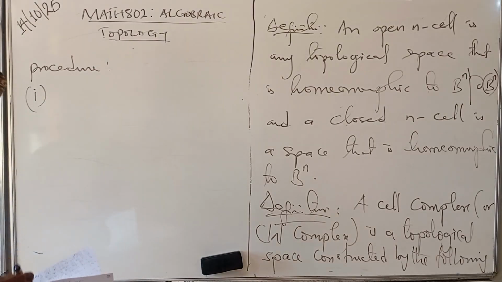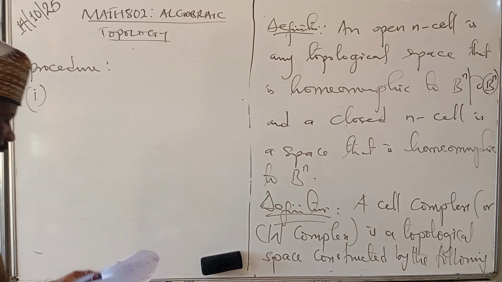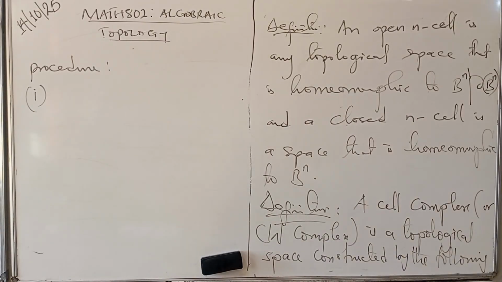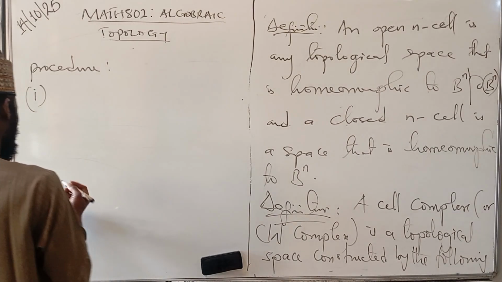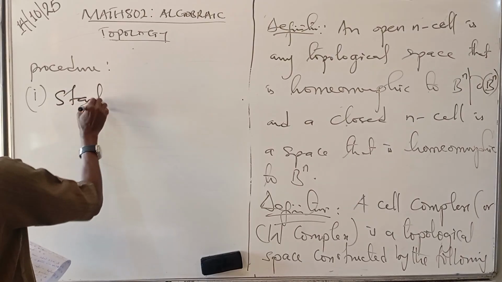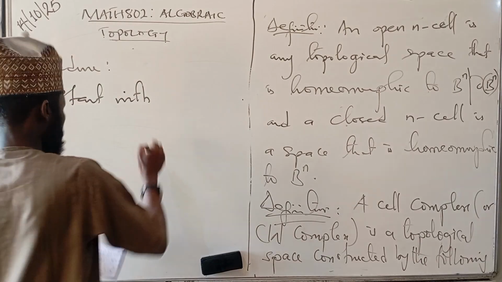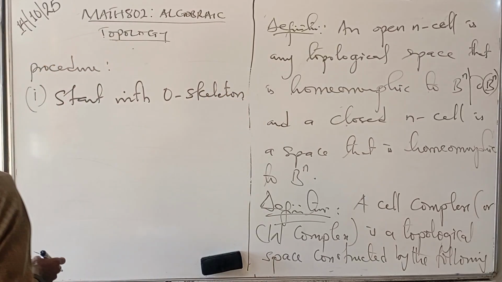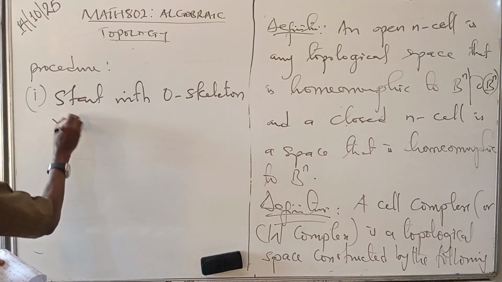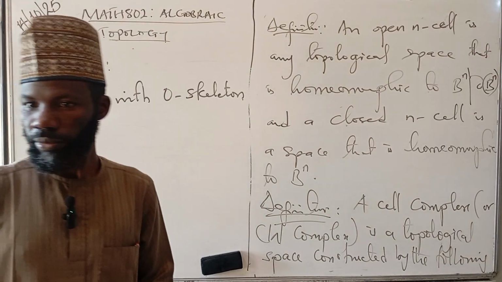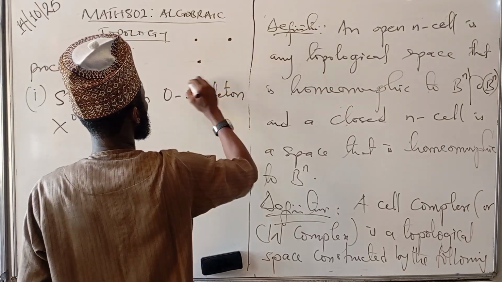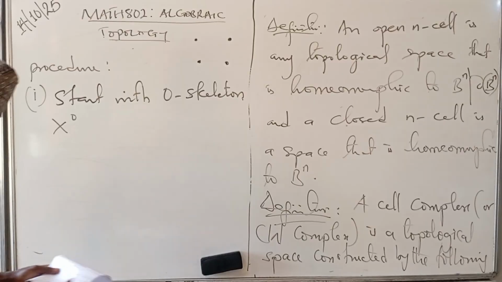The first step in constructing a cell complex is to have what is called the zero skeleton. So you start with the zero skeleton. What is the zero skeleton? X0 means just a discrete set of points. So you just start with the zero skeleton, like a discrete set of points, like this. Okay?